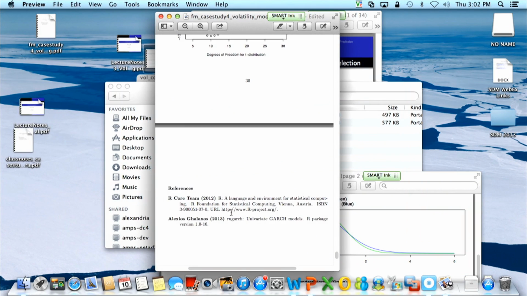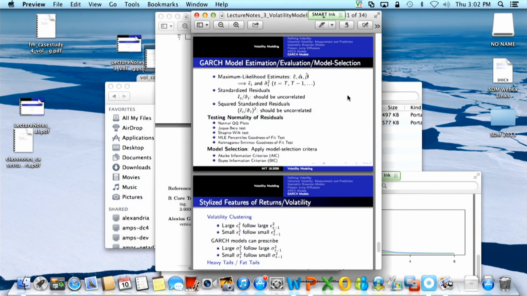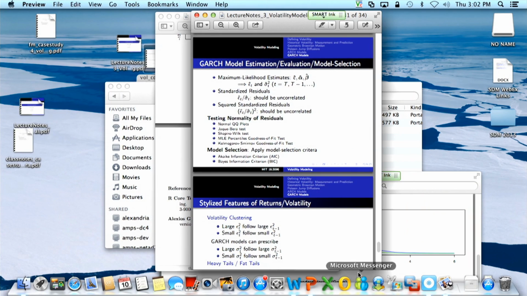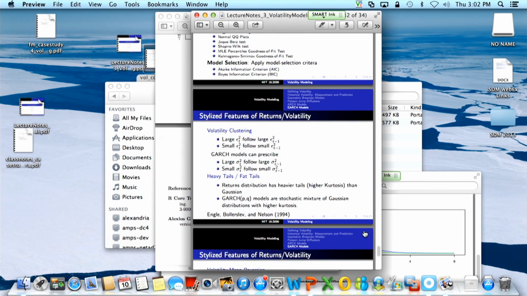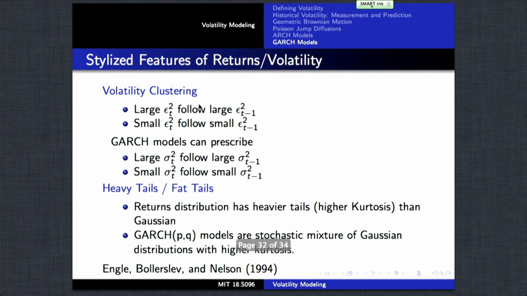All right. Let's go back to these notes and see what else we want to talk about. Okay, with these GARCH models, we actually are able to model volatility clustering.